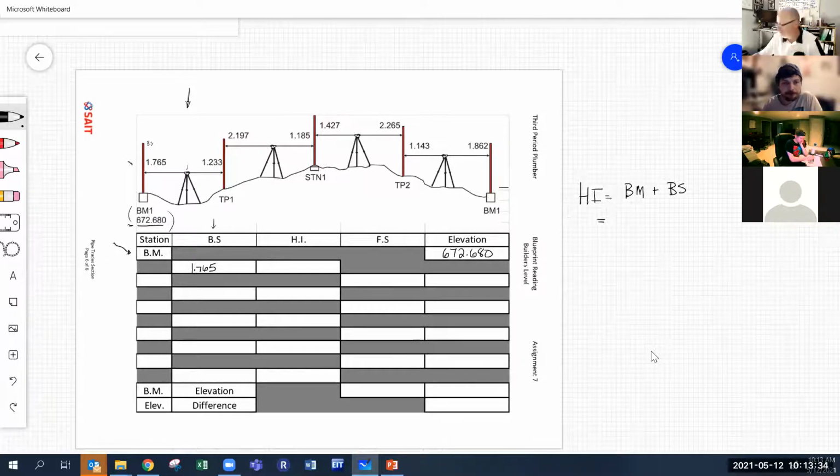If I do my calculation, let me get my calculator out here. You should have your calculator out as well. That comes out to 674.445, which is the height of my instrument. Okay, are you with me so far? Is everybody okay?